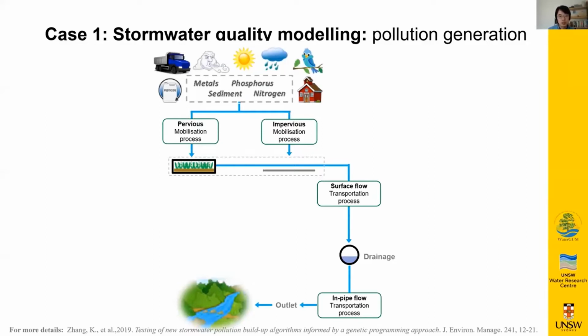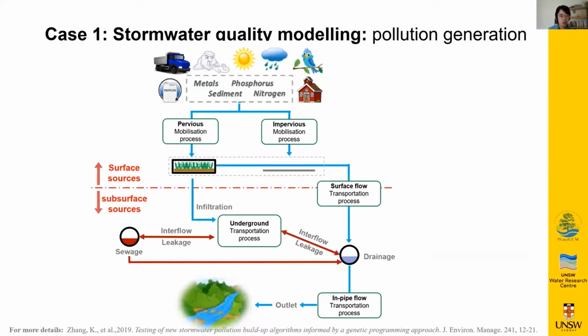The whole process, especially the pollution accumulation process, is subject to different climate conditions and catchment conditions. In addition to that, there are also subsurface sources that go into our urban drainage systems, like leakage or interflow leakage between the urban underground systems. So it's a very highly complicated process.